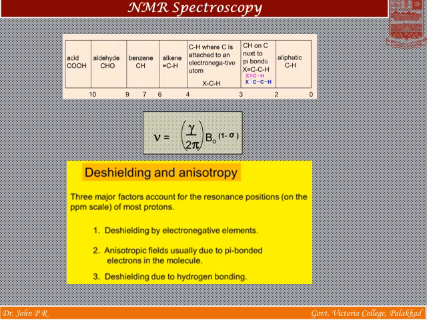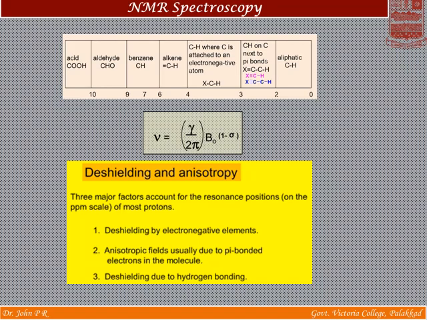Therefore, the actual field at the nucleus, that is B effective, is different from the applied field.